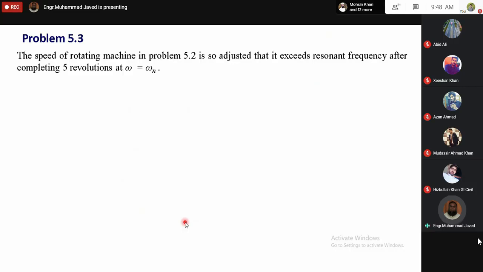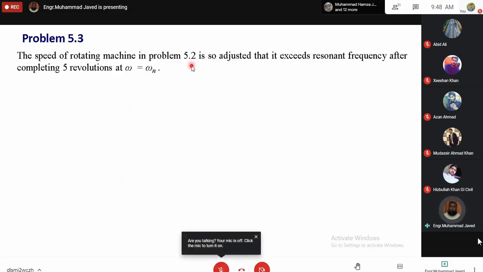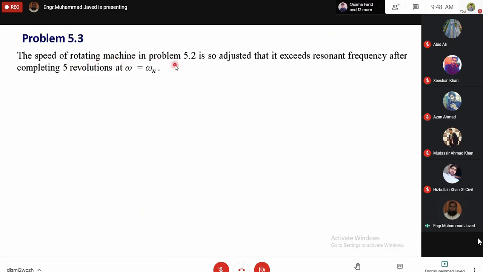Solving a problem related to this topic, we will consider the rotating machine of problem 5.2, and it is given that the speed of the rotating machine is so adjusted that it exceeds resonant frequency after completing 5 revolutions.